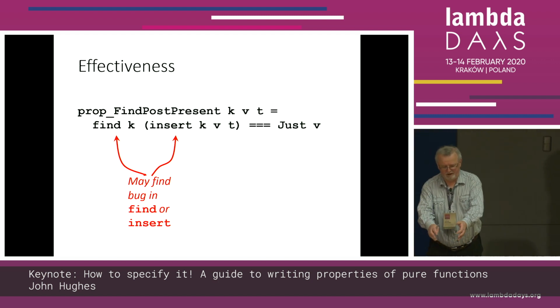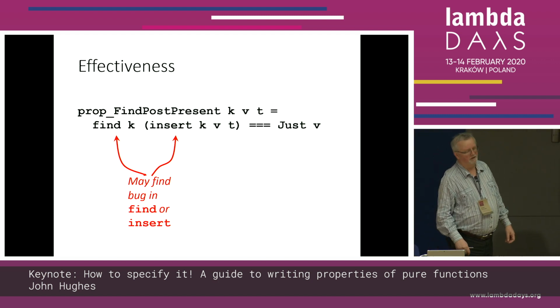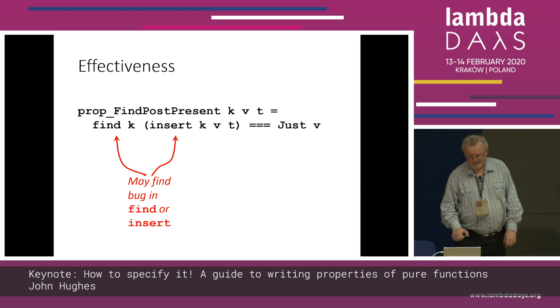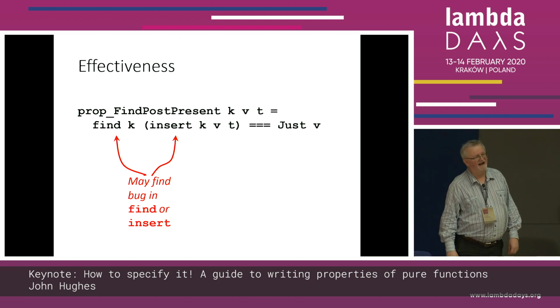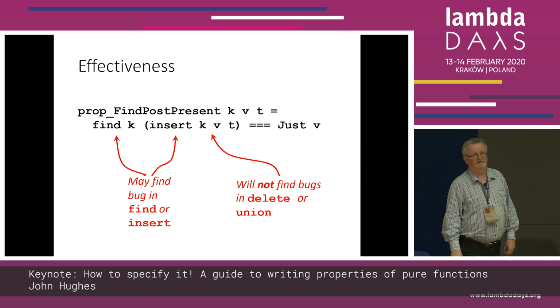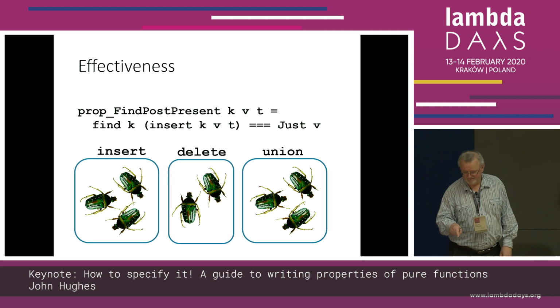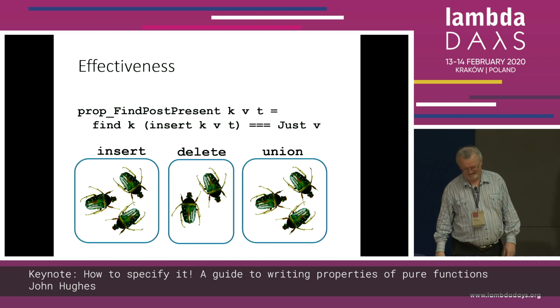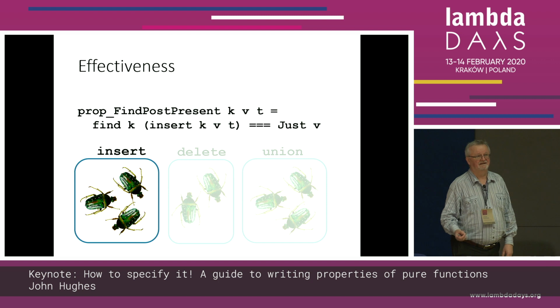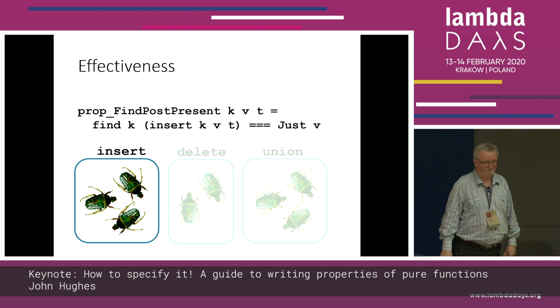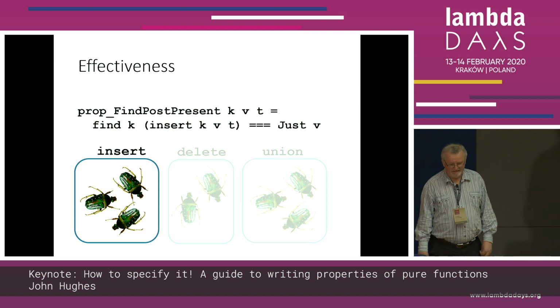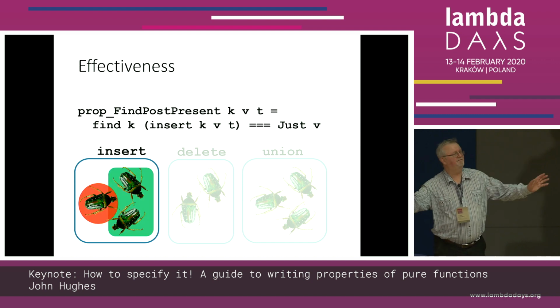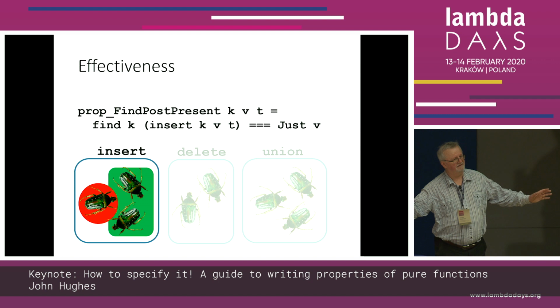If we look at this property, this is one of the postconditions I wrote for find. It clearly calls find and insert. So potentially, if there's a bug in find or in insert, this property might find it. But it clearly won't find any bugs in delete or union because it doesn't even call them. So if we think of the 8 bugs I inserted, 5 of them obviously cannot be found by this property.